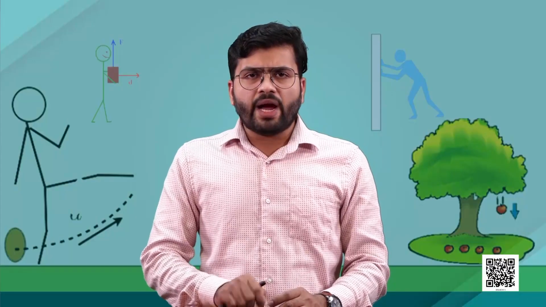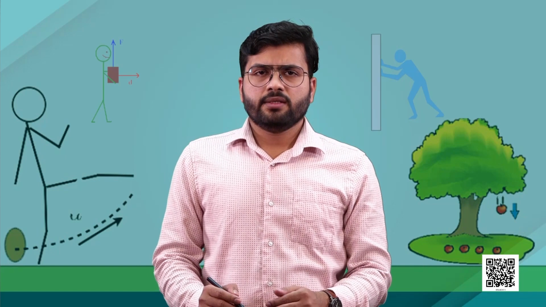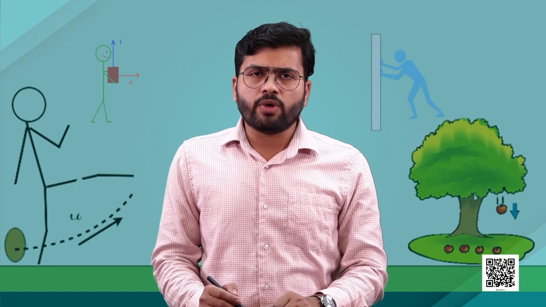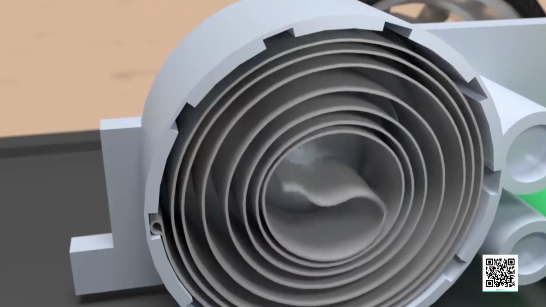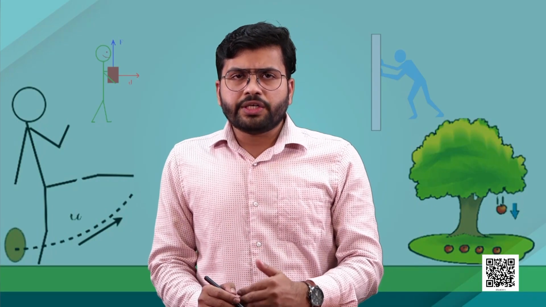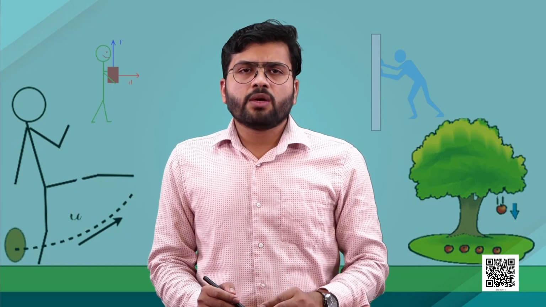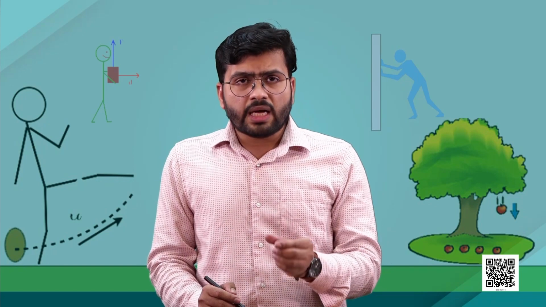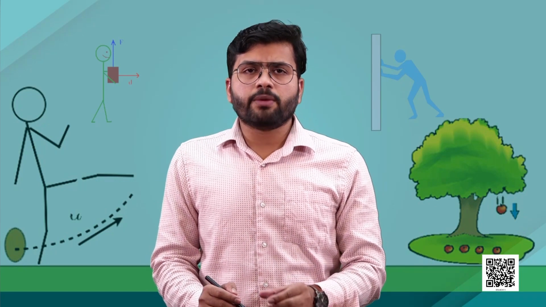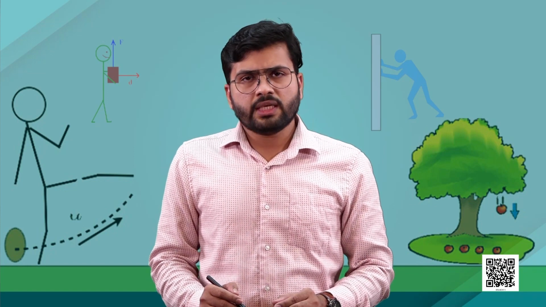So when the boy winds that key, some amount of work has been done on that spring. Due to the work done, the spring acquires some amount of energy. The energy acquired by that spring is nothing but the potential energy.